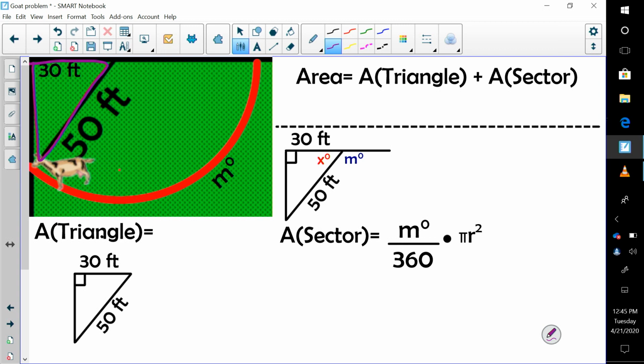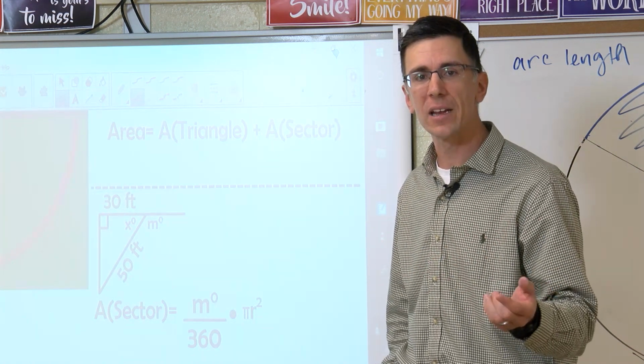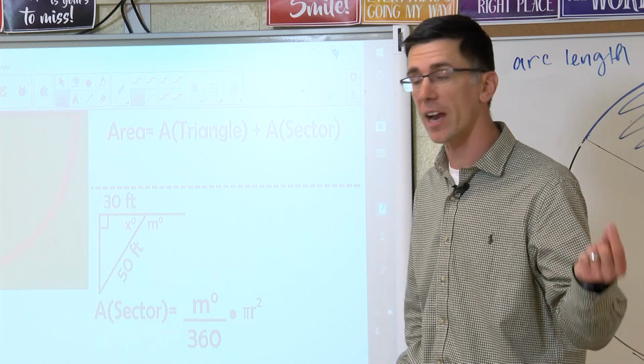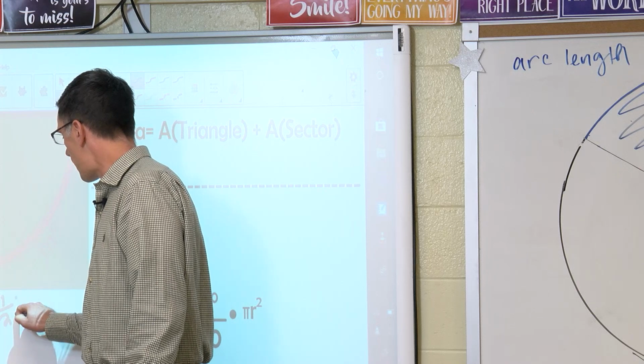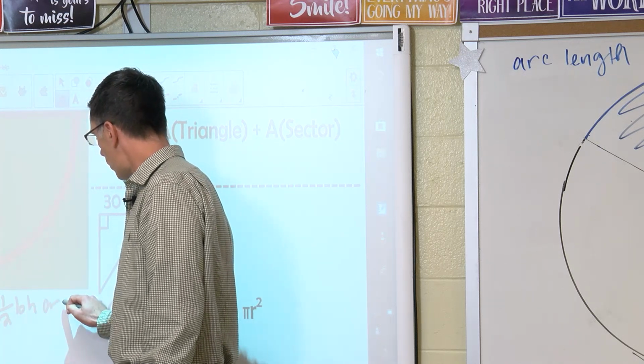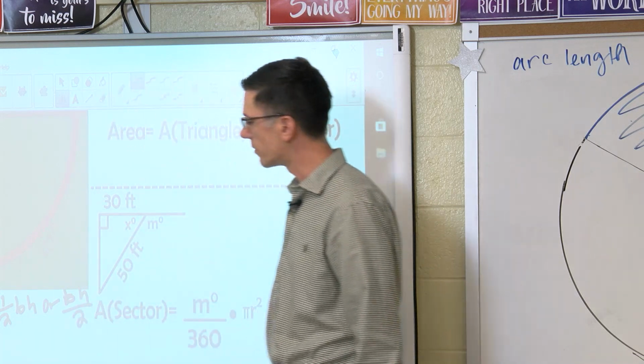Let's find the triangular portion first, because once we do that, we can take the area of the triangle plus the area of the sector, and that will give us the total grazing area for Pumpkin. If you recall, the area formula for a triangle is 1/2 base times height, or rewritten, an equivalent expression is base times height divided by 2.